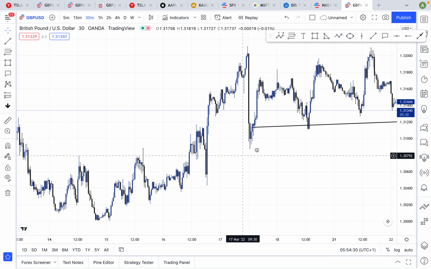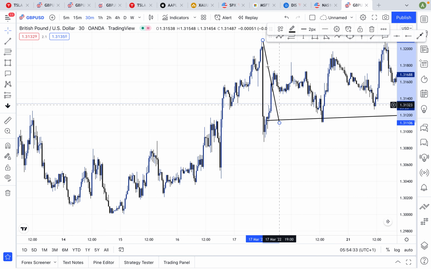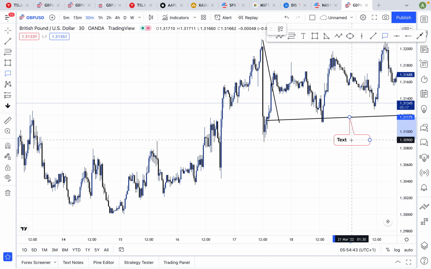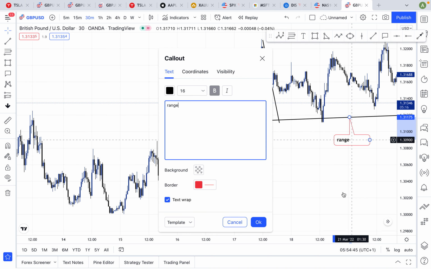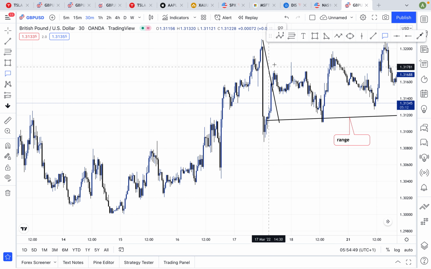Okay, this is a range, and then let's assume this to be our downtrend. Let me label it so that we can have a better understanding of it. We have it as the range. Let's have this as the downtrend.